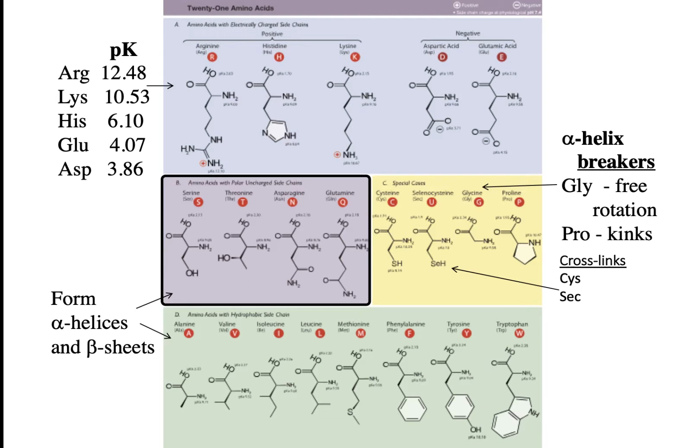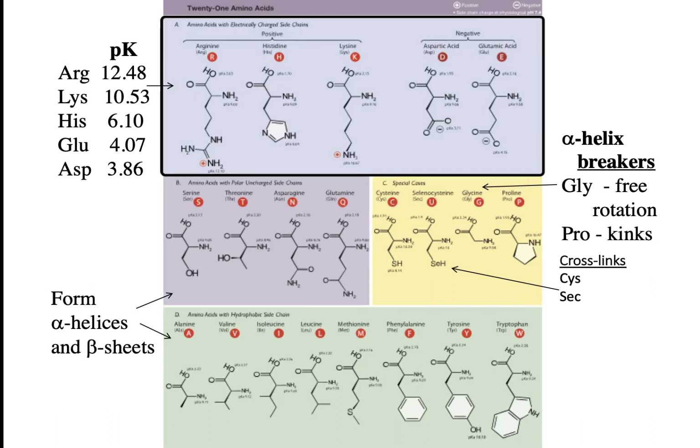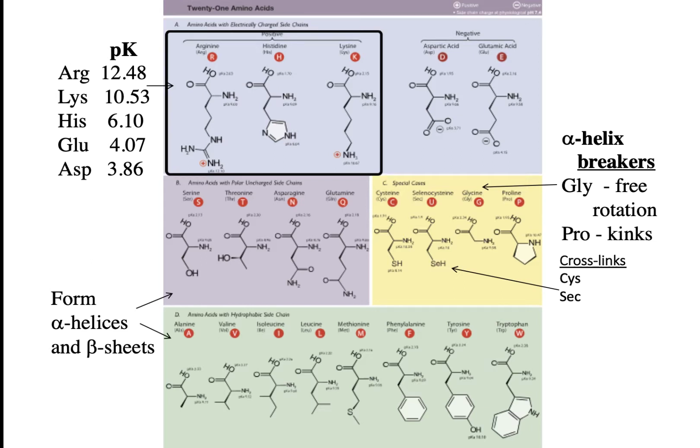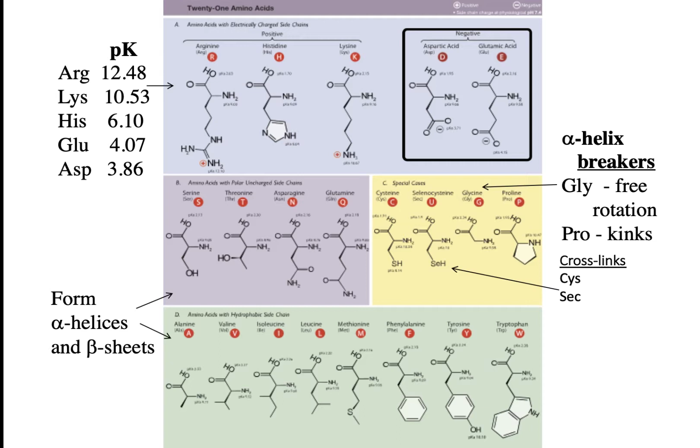Likewise, these uncharged polar amino acids here, serine, threonine, asparagine, etc., also aid in forming alpha helices and beta sheets. And then you have these charged groups up here, positively charged, including arginine, histidine, and lysine, and then the negatively charged ones, aspartic acid and glutamic acid.